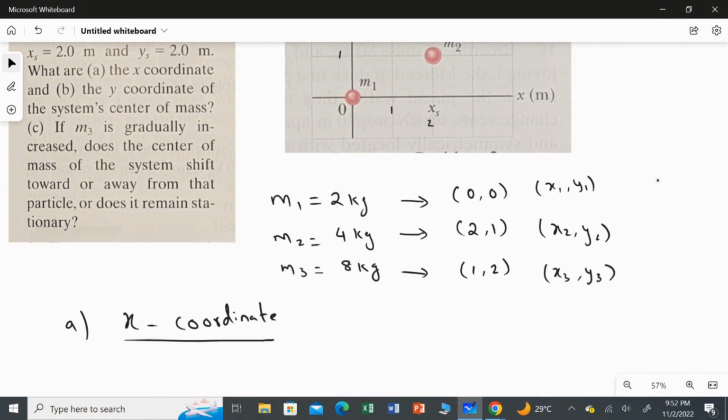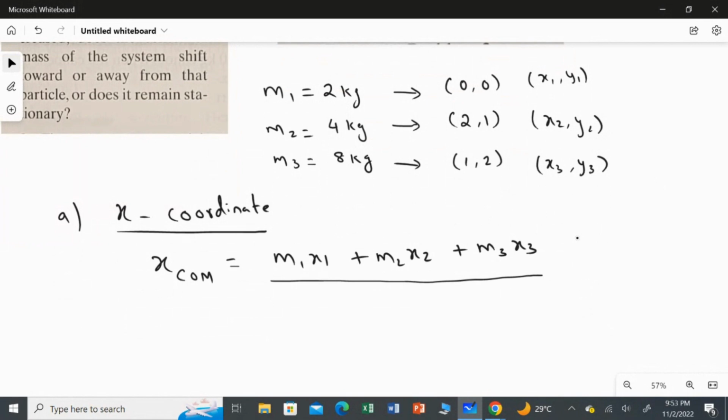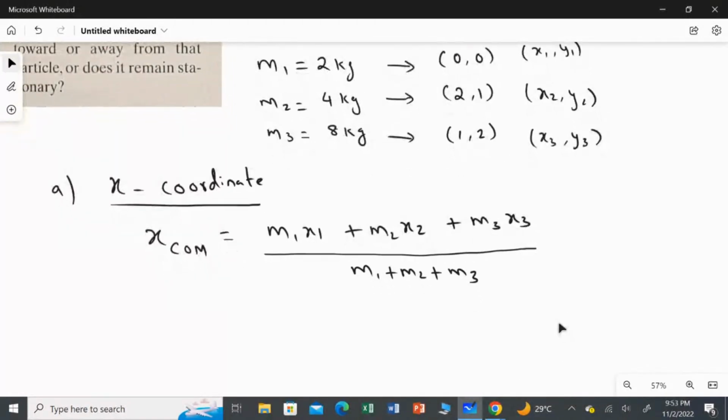The x coordinate of the center of mass is given by m1 x1 plus m2 x2 plus m3 x3, because we have three particles, divided by the total mass, m1 plus m2 plus m3. Clear? Now I'm going to substitute these values one by one.